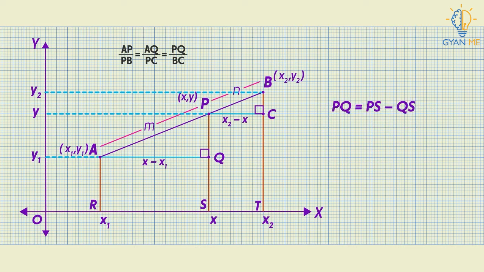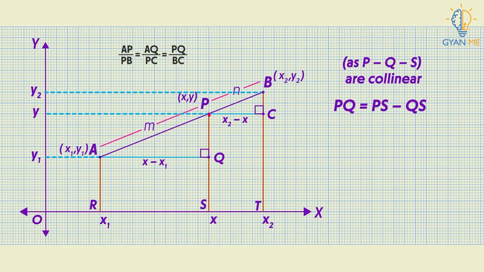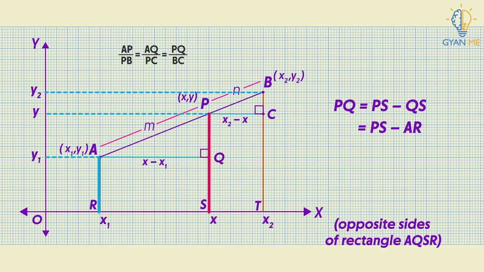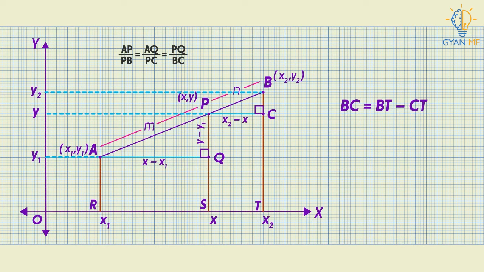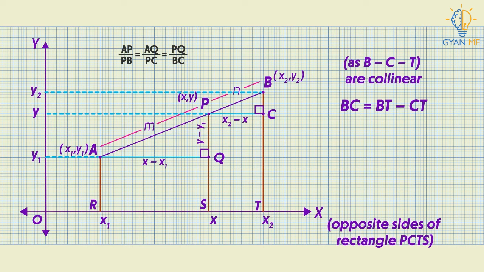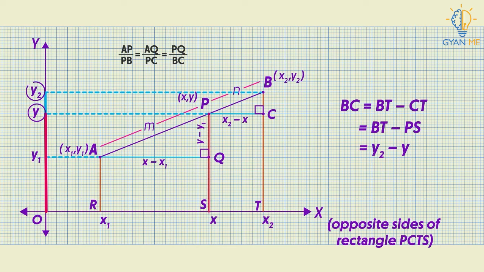Here also, PQ is equal to PS minus QS, as P-Q-S are collinear. Therefore, PS minus AR is equal to y minus y1. We also get BC is equal to BT minus CT, as B-C-T are collinear. Therefore, we get BT minus PS is equal to y2 minus y.